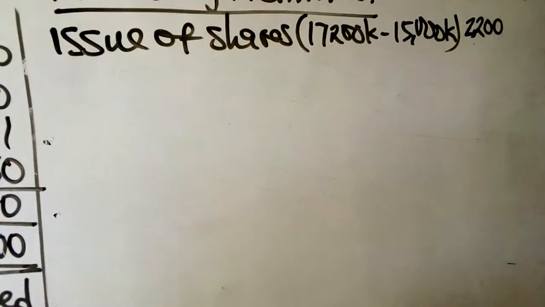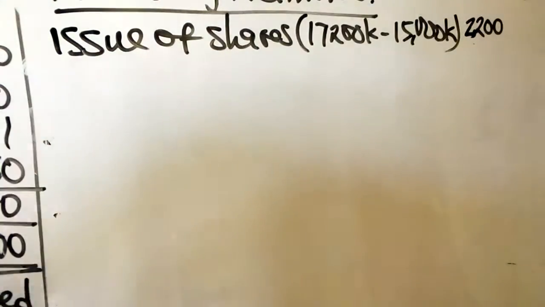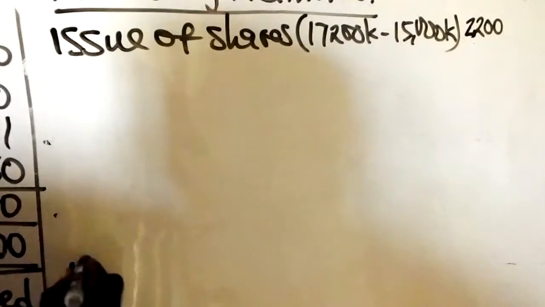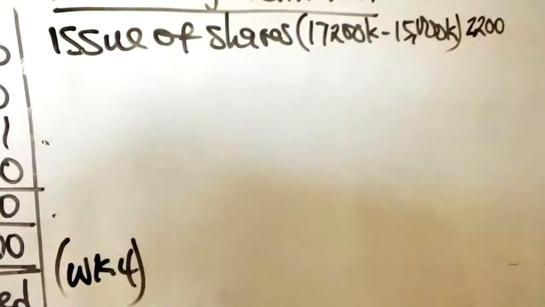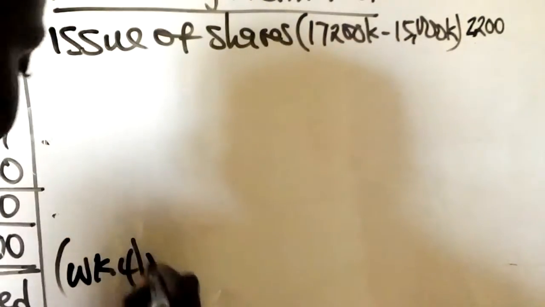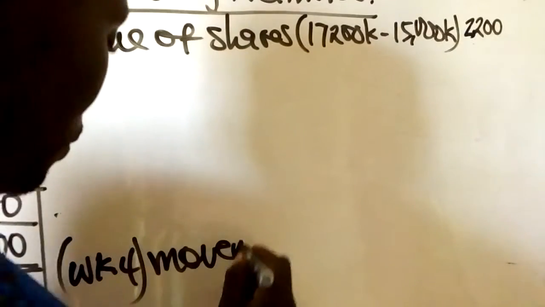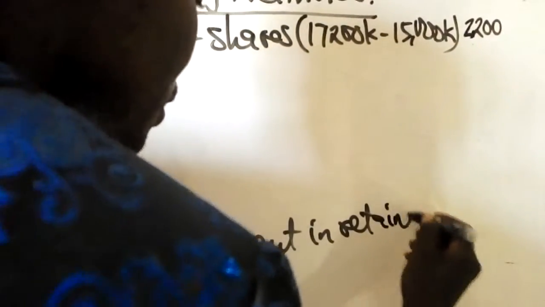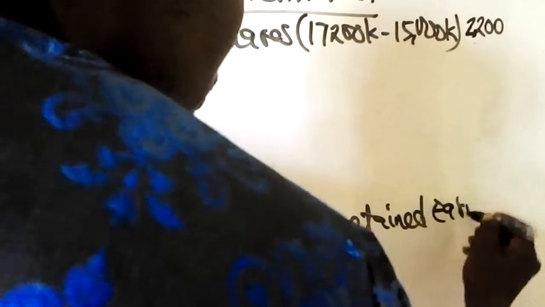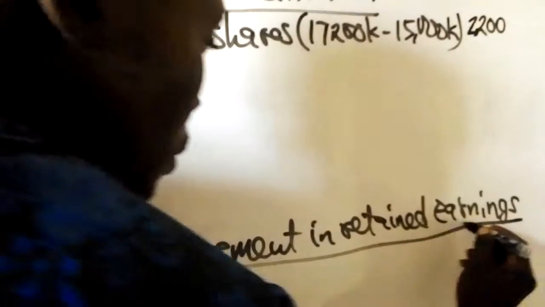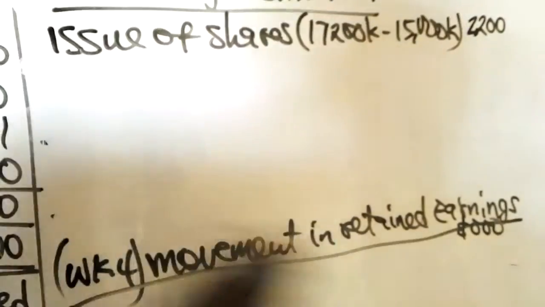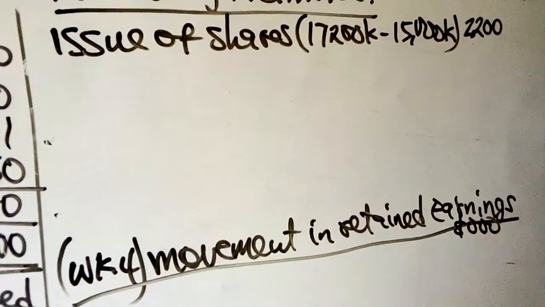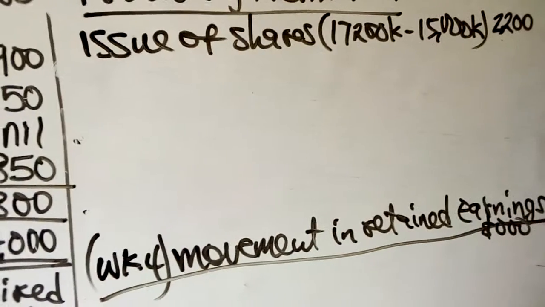Working for movement in retained earnings. I've told you that you should start with the opening balance.